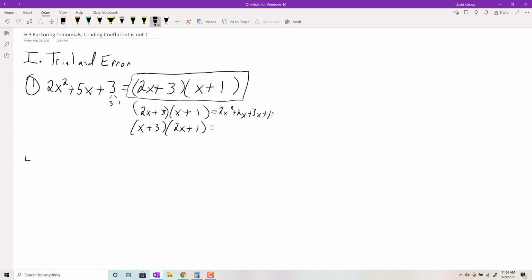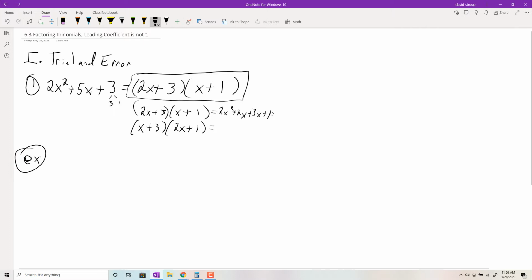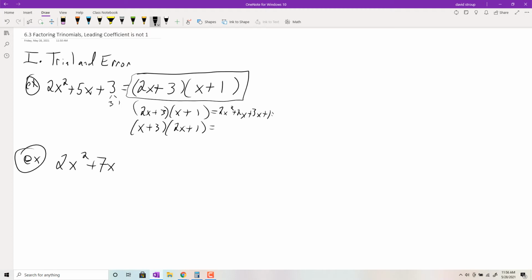So we just want to look at a whole bunch of these examples. I don't know if that's number 1 in the book. Let's look at this one, 2x squared plus 7x plus 3. Again, set up your parentheses. Because of the signs, it has to be plus plus. And then I need 2 numbers that multiply to give me 3 for the last term. So it has to be 3 and 1, or 1 and 3.